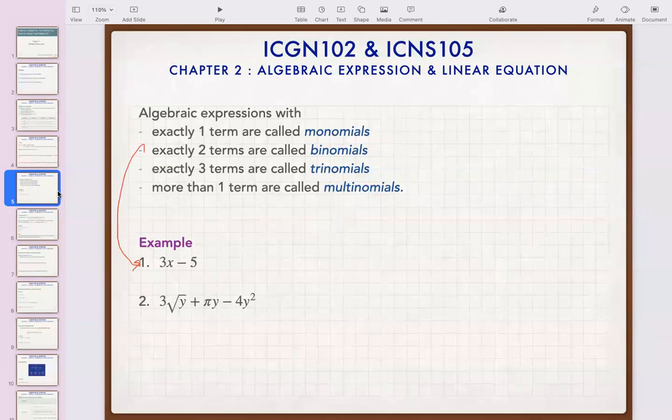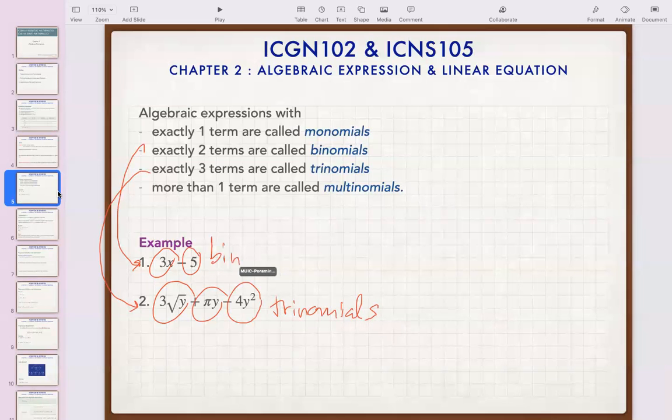When we have exactly three terms, we call it a trinomial. For example, 3 square root y plus pi y minus 4y squared. 1, 2, 3. This one we call a trinomial.